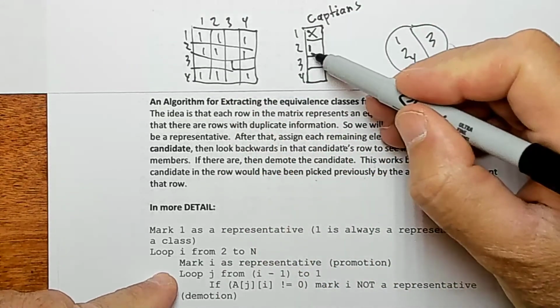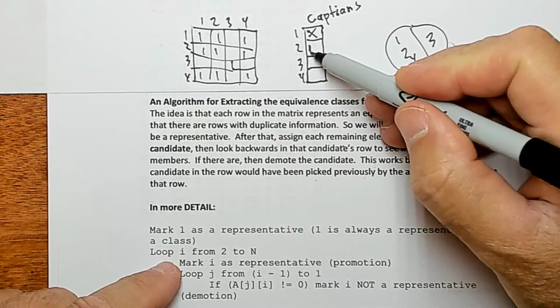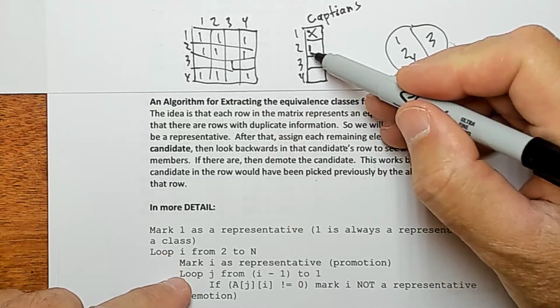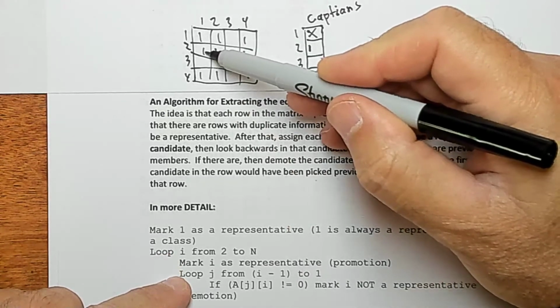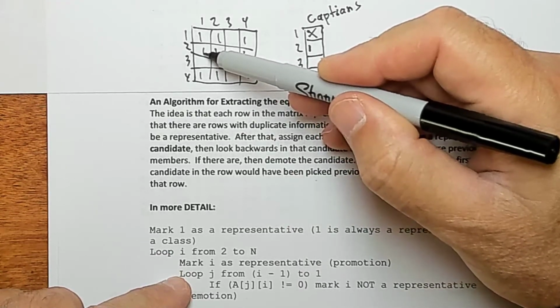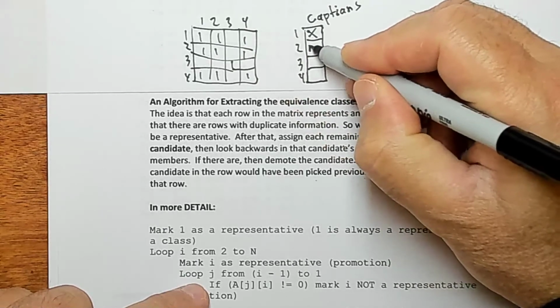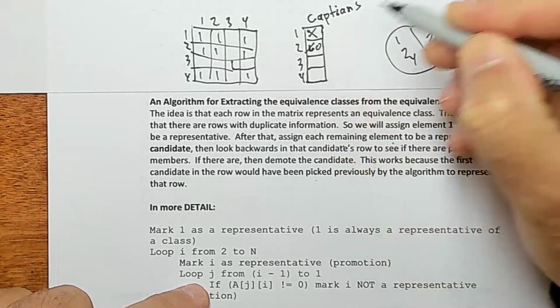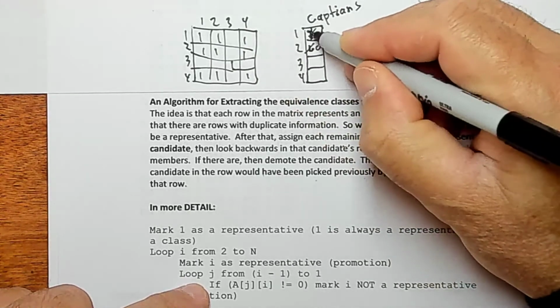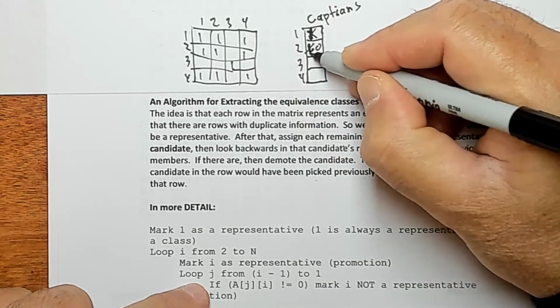As you go down, you'll see. So watch. You loop from 2 to n. You mark this guy as a representative. Then you loop from 1 back to 0, or 1 to 1, and you find that he's also in the group. So you demote this guy to 0. Let's use a 1 to indicate these in here. So you temporarily promote this guy.